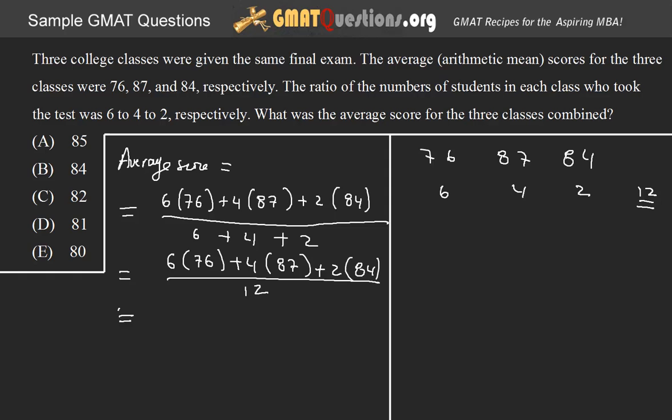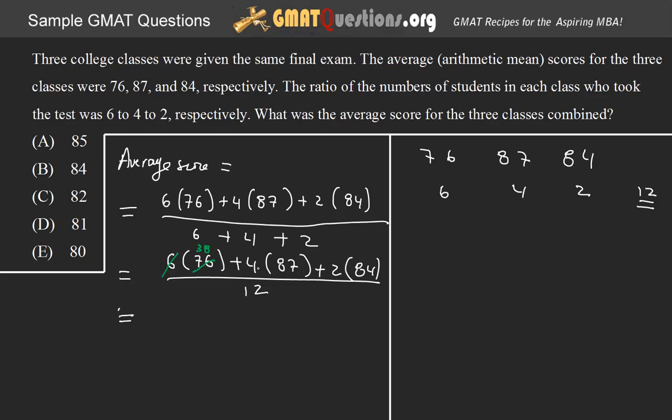So we're going to extract a 2 from 76. We're going to be left with 38. And this 12 is going to be gone, obviously.